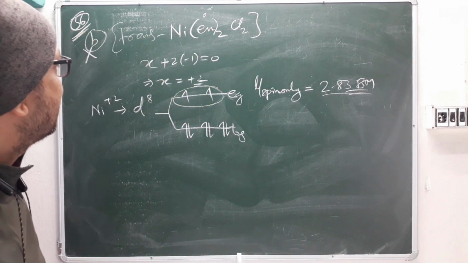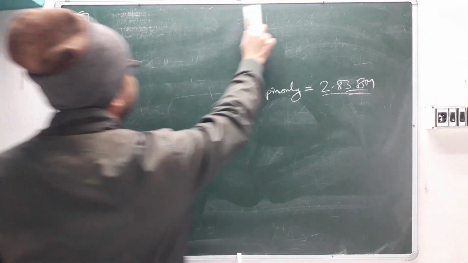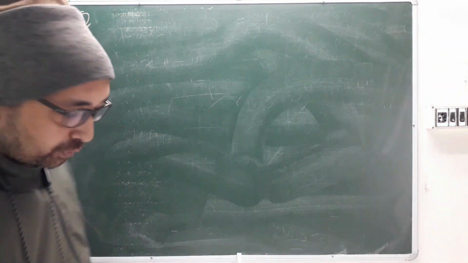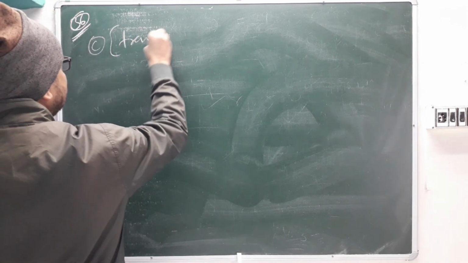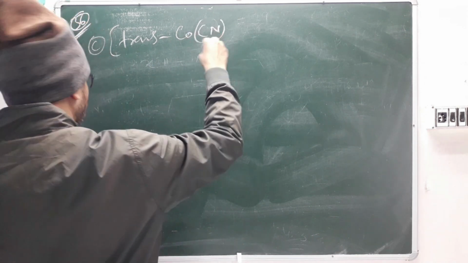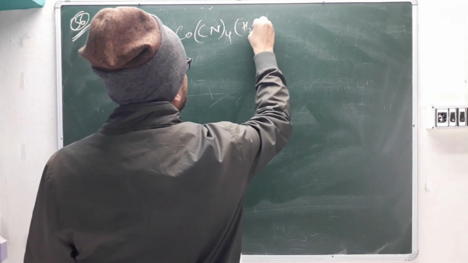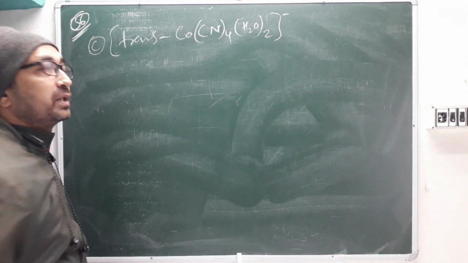So now option C, we will see whether it is following or not. You also try it by yourself. Option C says trans, then it is cobalt, and then cyano. How many are there? 4, and then aqua, water 2, and here it is minus charge. Let me first calculate the oxidation number.